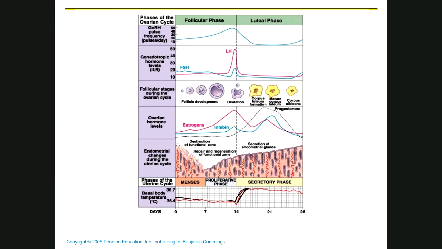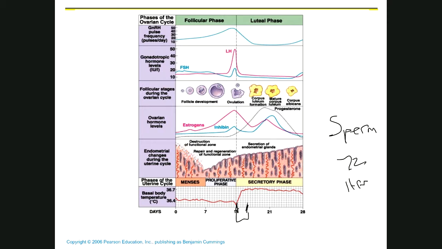And if you're trying to get pregnant, this is the best time for copulation, because remember, it only lives about 24 hours. So there's only a window here, from here to here, that fertilization can happen, this very small window. Now, sperm can actually live in the female reproductive tract for about 72 hours.